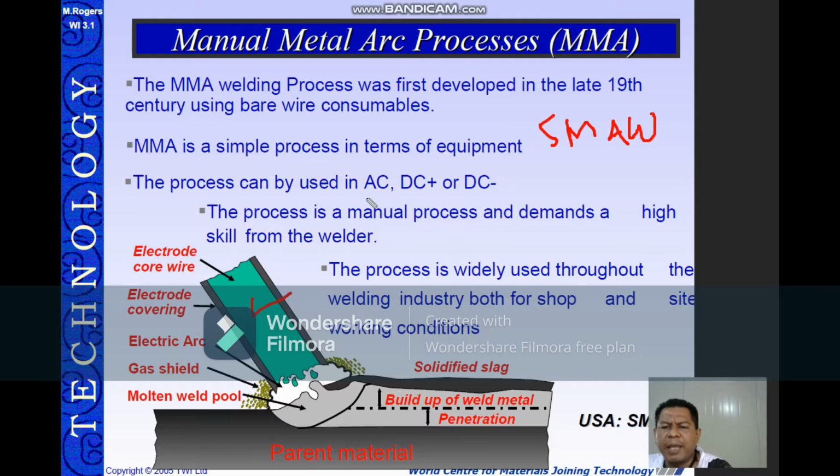The process can use alternating current, direct current, or direct current minus. So how do they differ, AC, DC, or DC minus? This will affect how deep the penetration is and how wide the weld is.